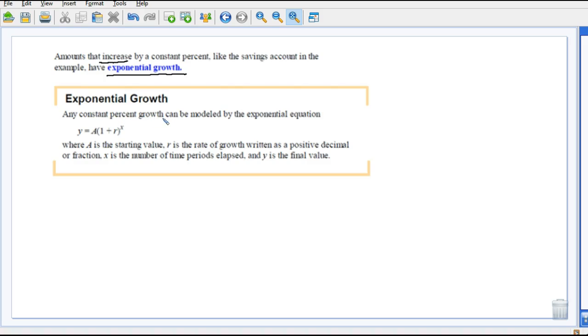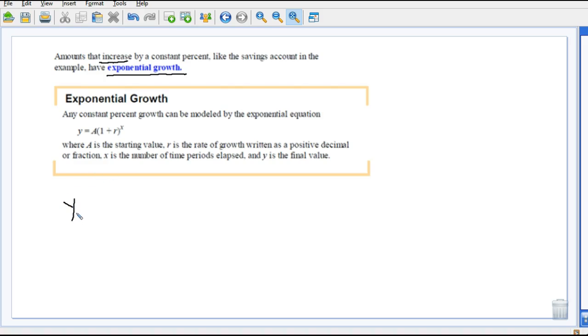So any constant percent growth can be modeled by the exponential equation y equals a times (1 plus r) to the x, where a is the starting value, r is the growth rate written as a positive decimal or fraction, x is the number of time periods elapsed, and y is the final value. We could set up one for that last problem.